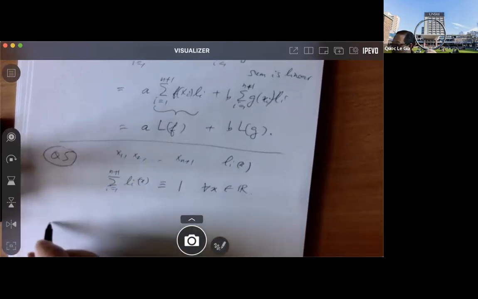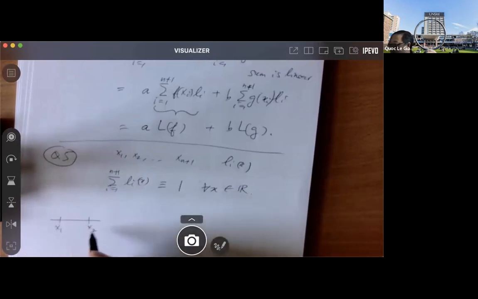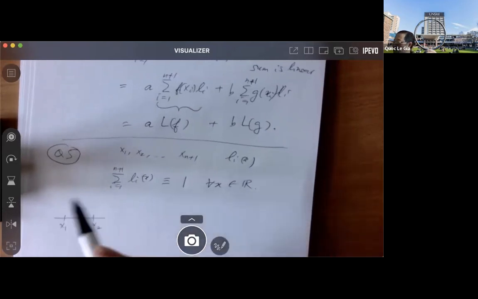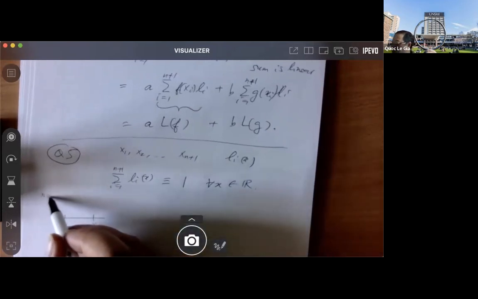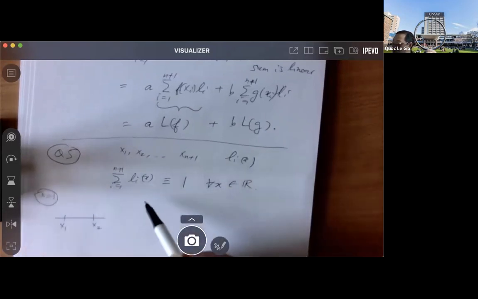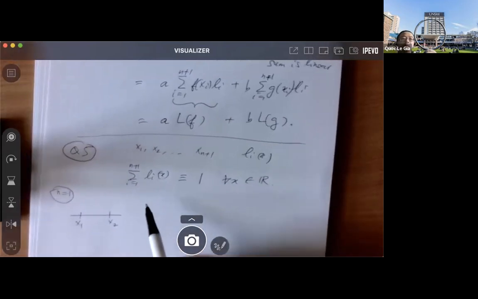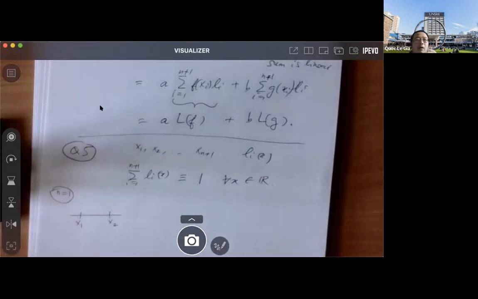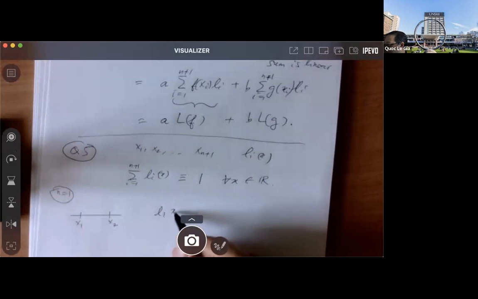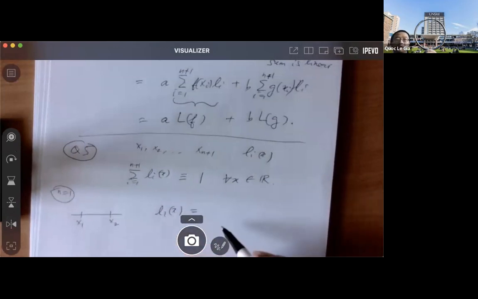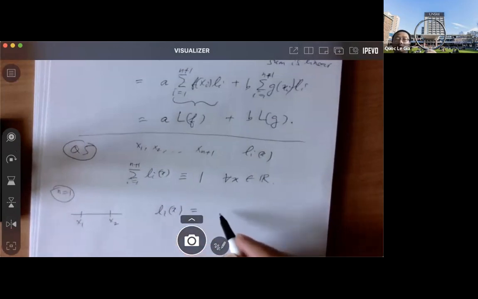So now suppose I have only 2 points, x1 and x2. Make the simple case n equal 1. Then what is my L1 in this case? And what is L2 in this case?